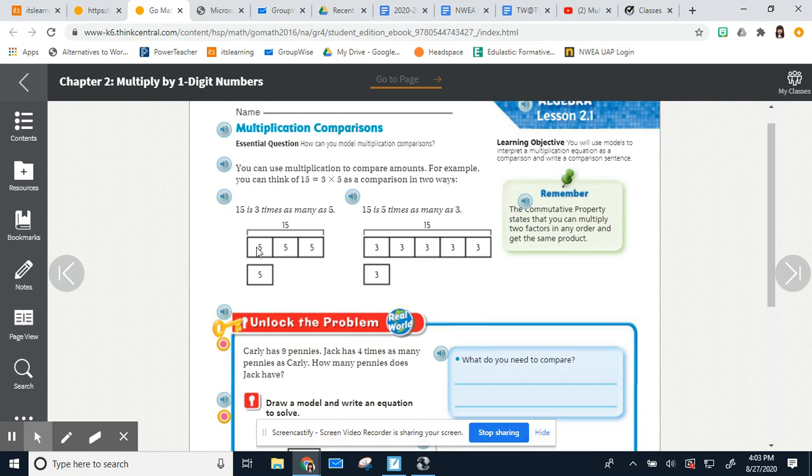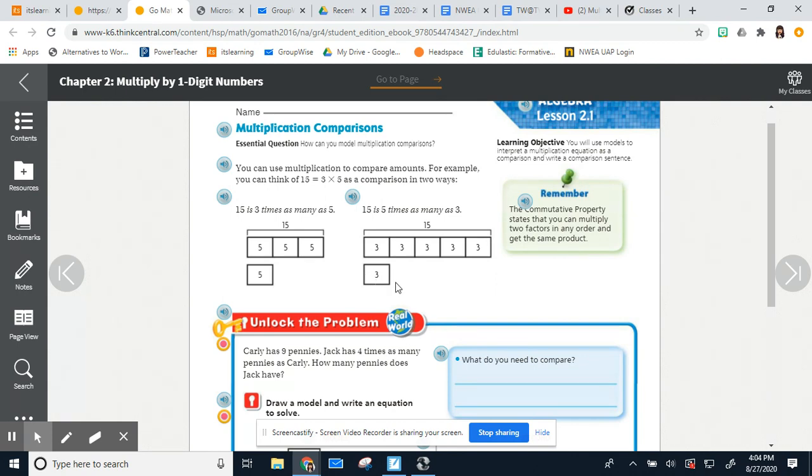And then as you can see, there's 5 blocks right above that. So that's a visual of what it looks like when 5 is 3 times greater. So if you look here, there's 3 blocks of 5: 5, 10, 15.